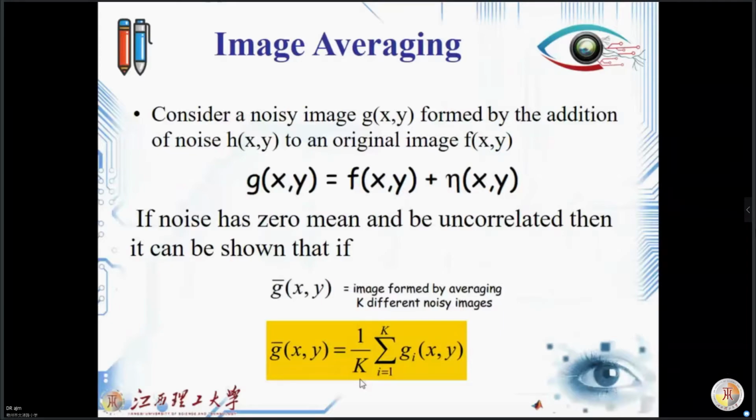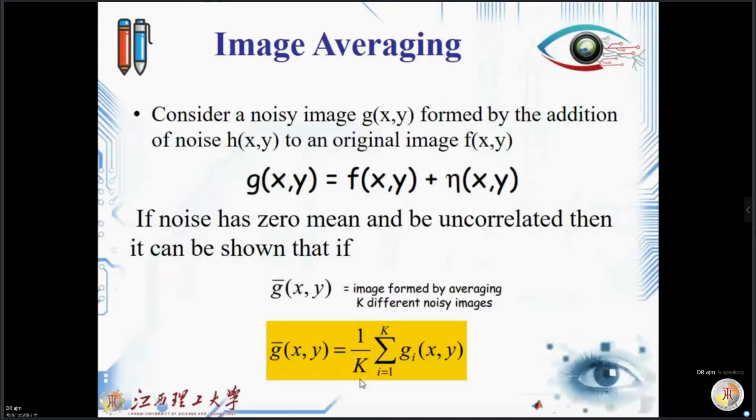In other words, if the noise has zero mean and is uncorrelated, then it can be shown as g bar, the image formed by averaging K different noisy images. I can have this formula for g bar, where there is the parameter K, which shows the number of different noisy images.